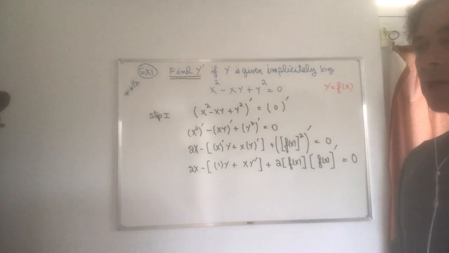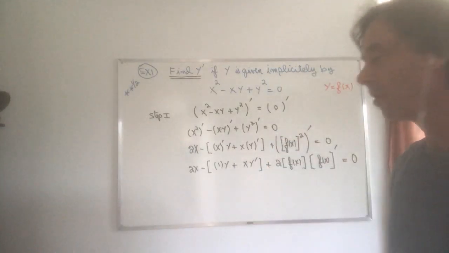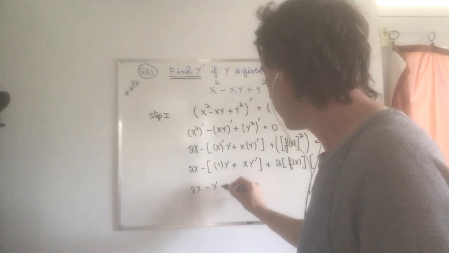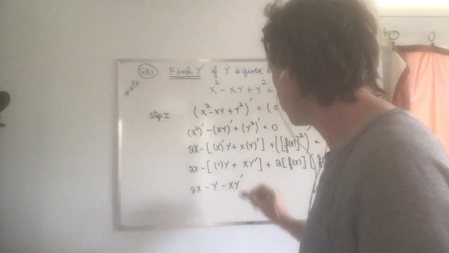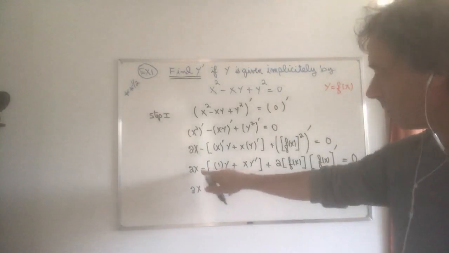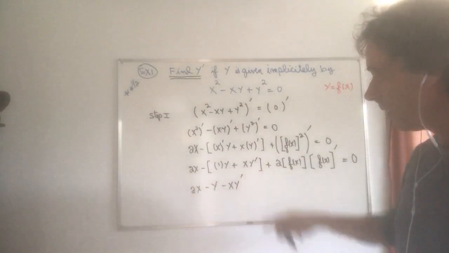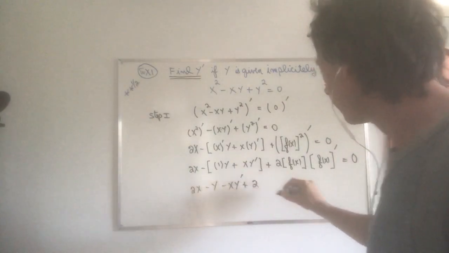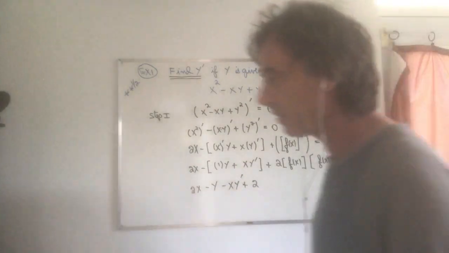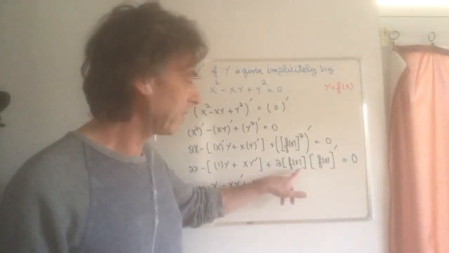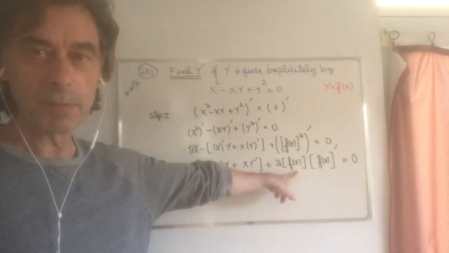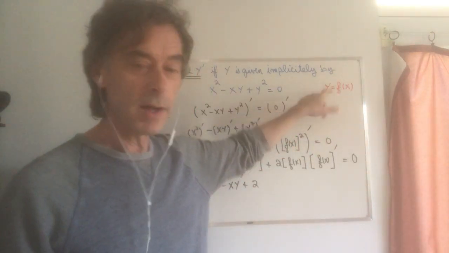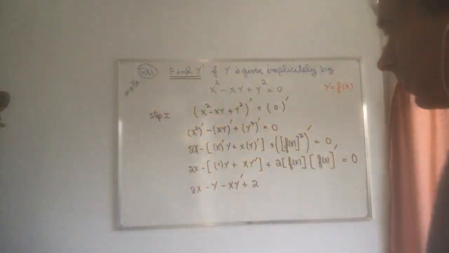Good. We're almost done with step 1. So this is 2x minus y minus xy prime. What did I do here? I took the minus inside the bracket. Plus, now you tell me, what can I do about this f of x right here? What can I replace it with? f of x is y, and f of x prime is y prime.